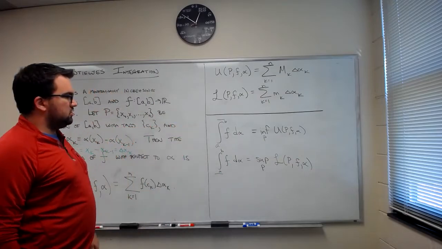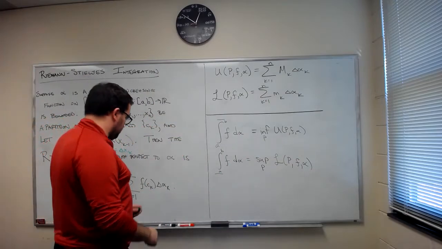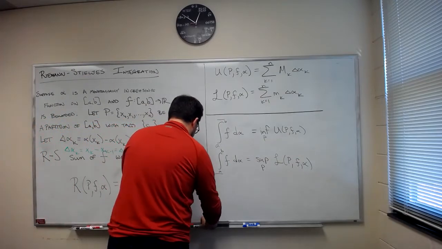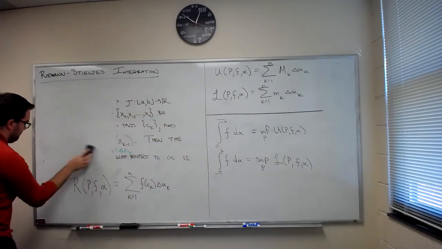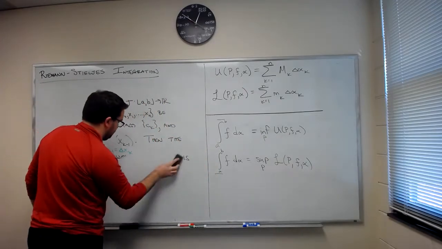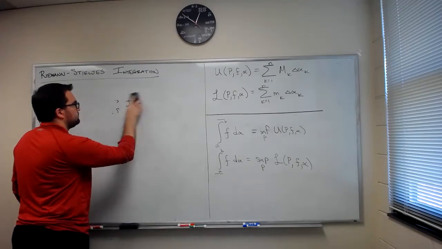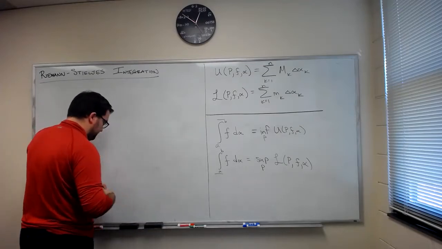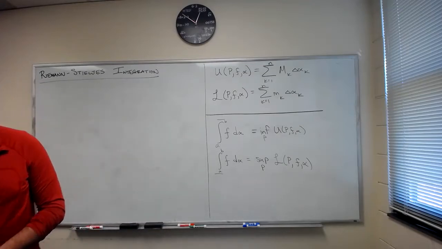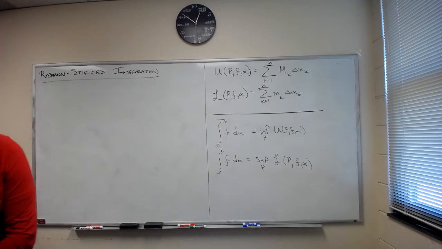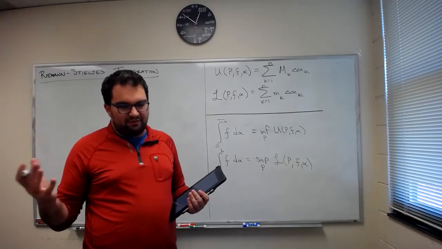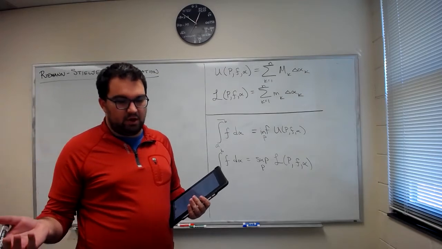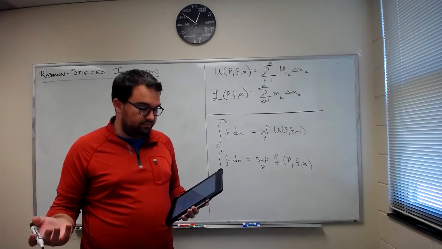All right, so let's then look at a couple of theorems. So a fundamental question once we have these definitions is, if I have a function, right, how do I possibly know whether it's Riemann-Stieltjes integrable? Okay.